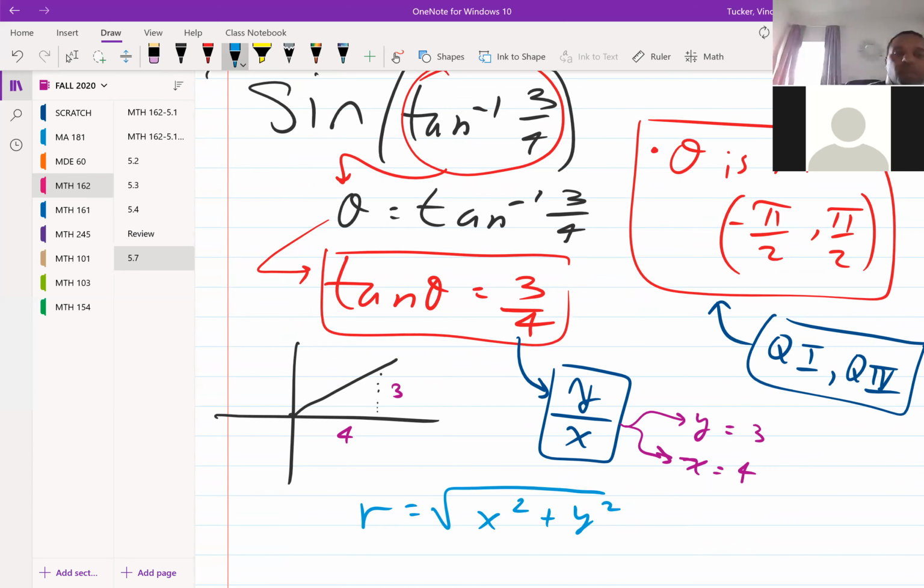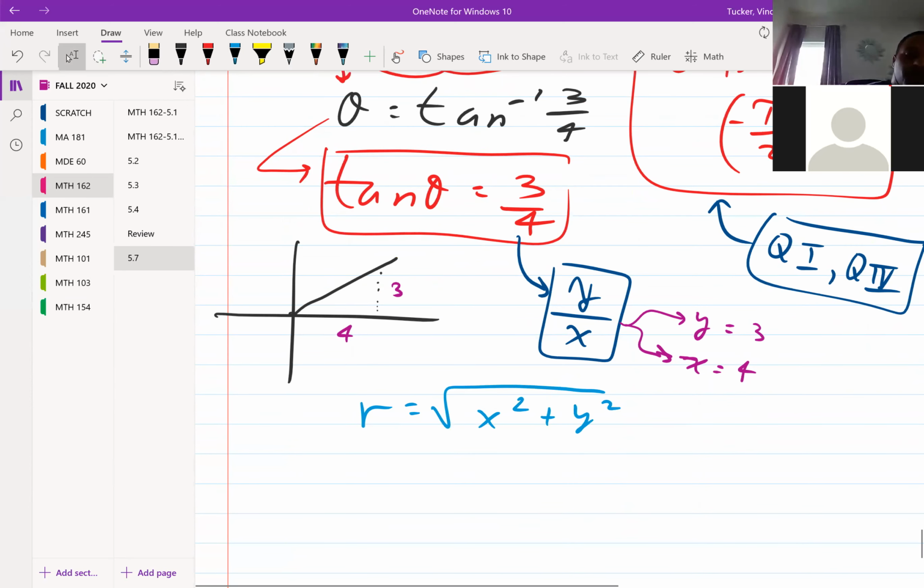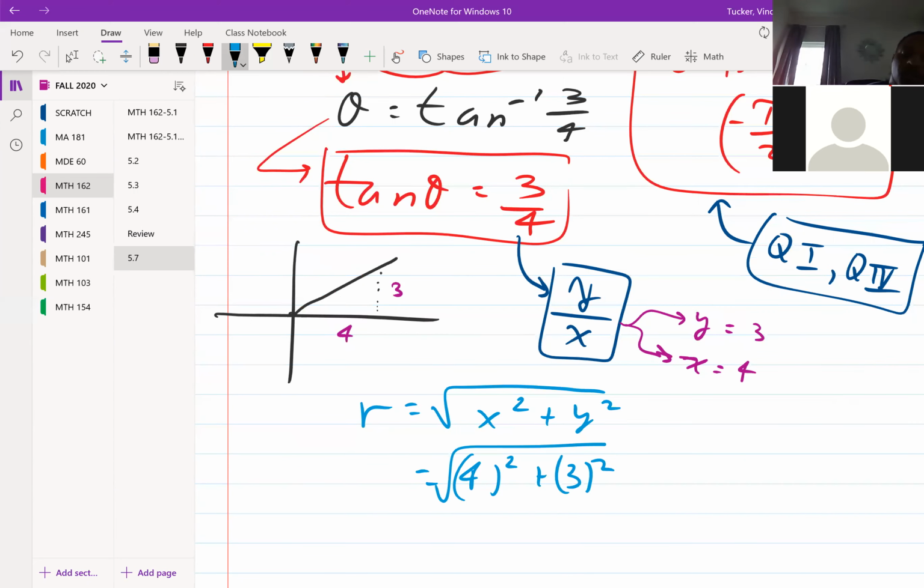All right. Plug those values in. 16 plus 9. End up working out even for us. So r is equal to 5.